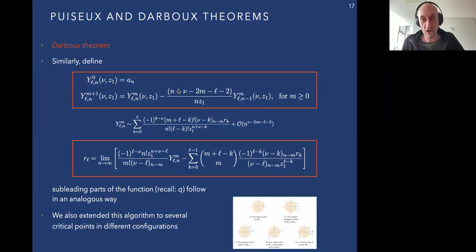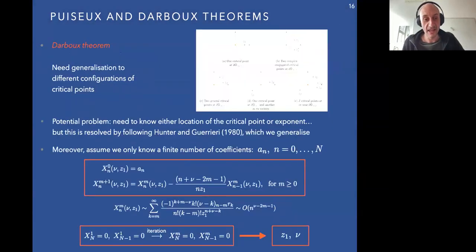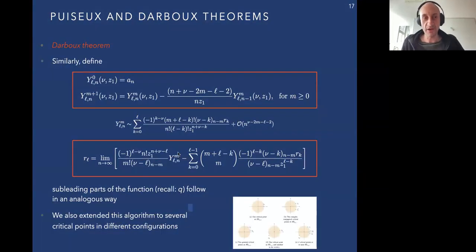Then they have a comment that this can also be done for the coefficients of the series for all of these R's and Q's. They don't tell you how, but we worked it out. You define some more stuff. These are now Y's. So Y_0^(L,n), now there are two indices, are still the original coefficients, and then we define even more complicated recursive polynomial equations.